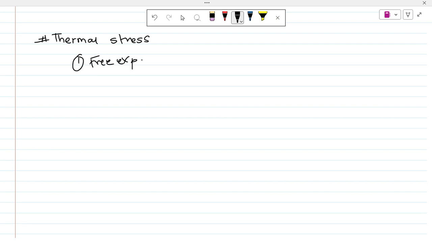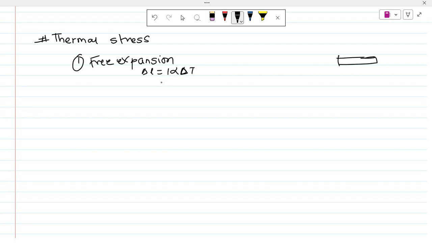In case of free expansion, the rod is heated and it is allowed to expand as long as it wants. There is no constraint posed there. So we know that change in length due to thermal expansion is original length times alpha times del T, where del T is the change in temperature and alpha is the thermal coefficient of linear expansion.